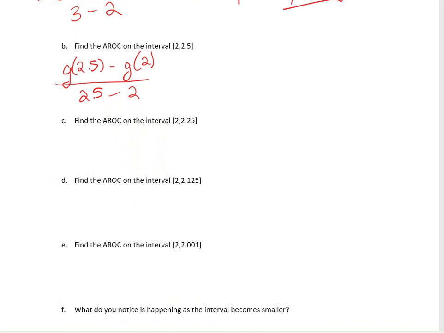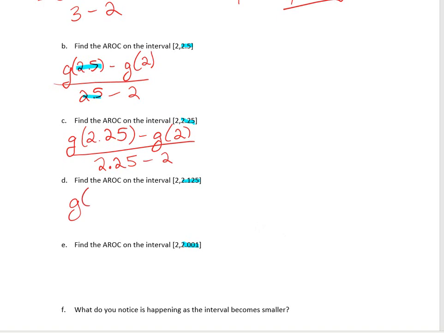On the whole rest of these, that 2 stays the same, but we're changing the b value. So this value here is going to be changing. For example, in the next one, that's going to be g of 2.25 minus g of 2, divided by 2.25 minus 2.